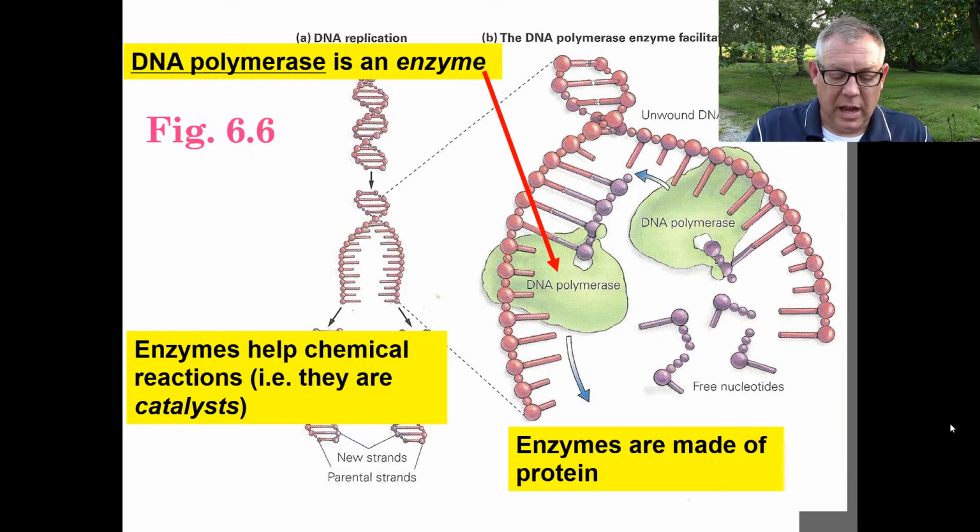And these enzymes are made of protein. And so this is why proteins are so important. So DNA polymerase is an example of an enzyme, and what's its job? Its job is to read one DNA strand and build a new strand based upon the existing strand.